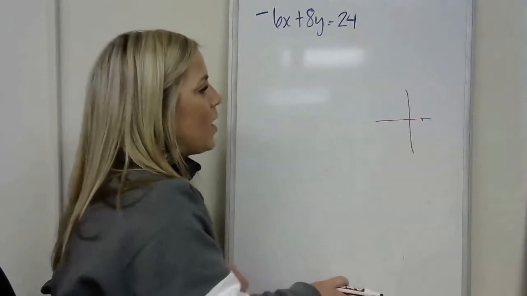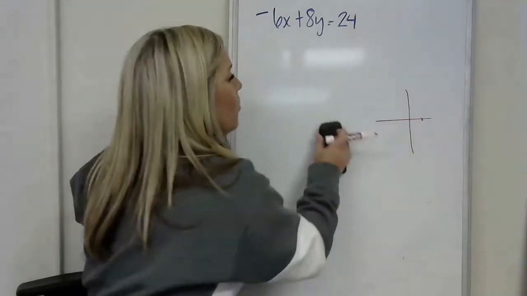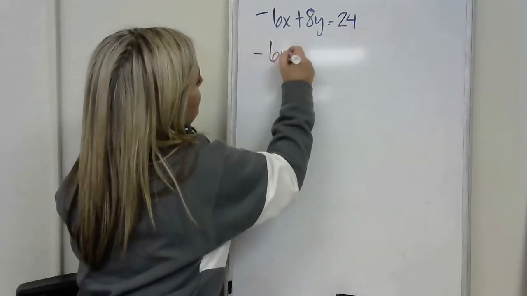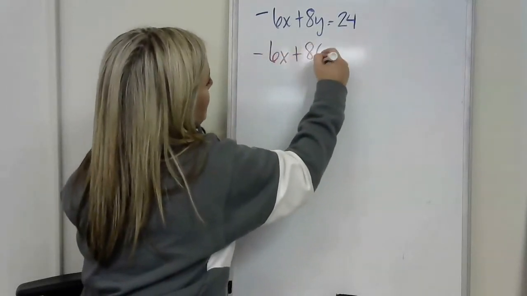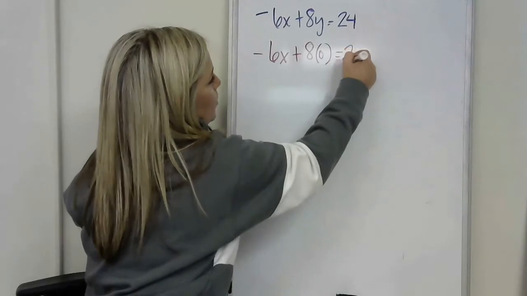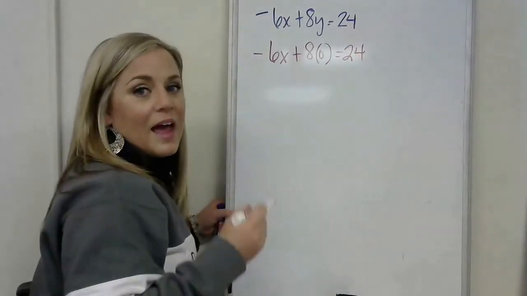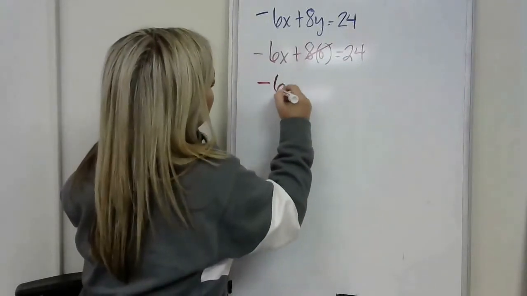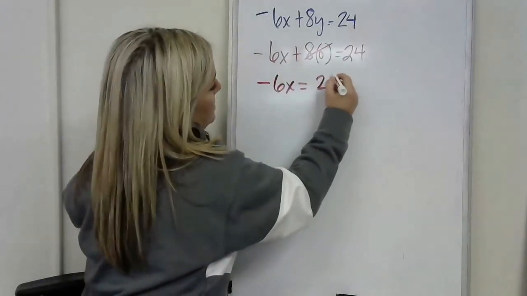So now we have negative 6x plus 8 times 0 equals 24, all right? And we know that 8 times 0 is 0. So now we have negative 6x equals 24.